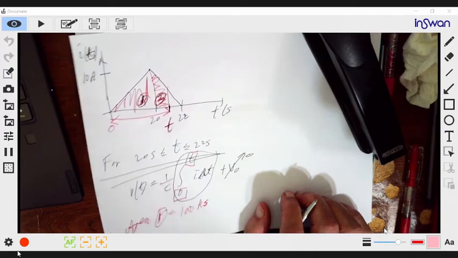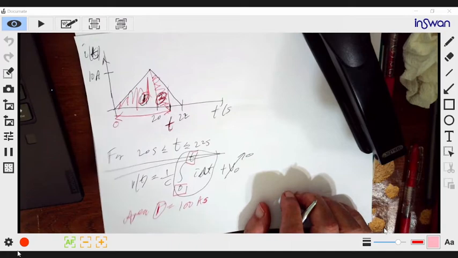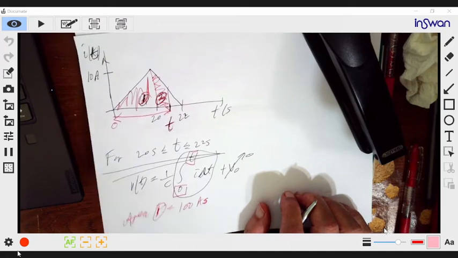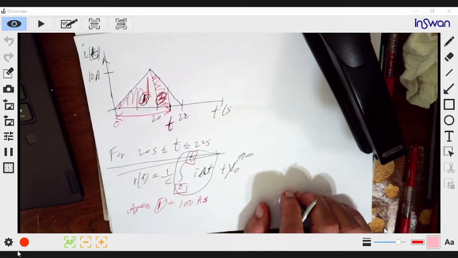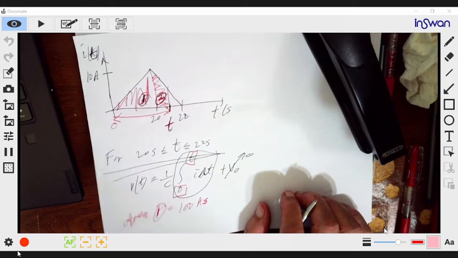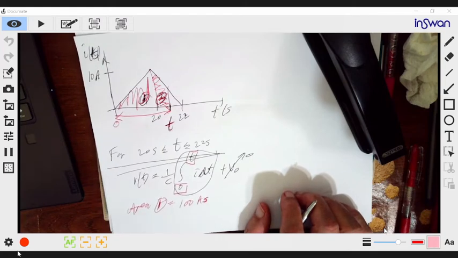No, sir. So why did you assume that it was? T is any value between 20 and 22. Any value. It just so happens I drew it midway. That does not mean it's midway.